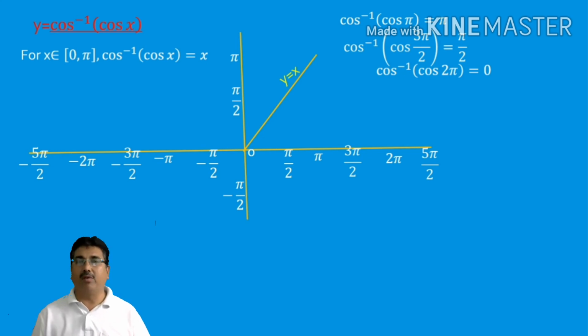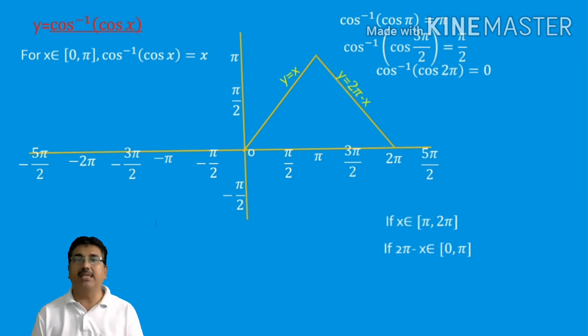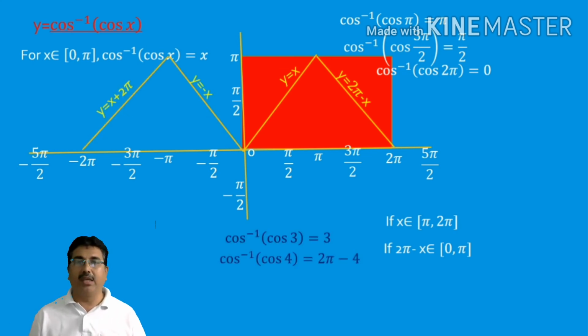Therefore, the graph is a straight line, that is y is equal to 2 pi minus x. The period of this function is also 2 pi. Then the shape of the graph in the interval 0 comma 2 pi repeats in every interval of length 2 pi.